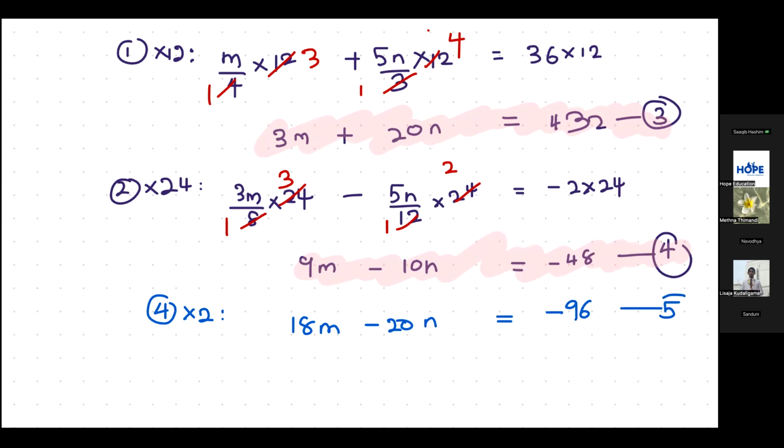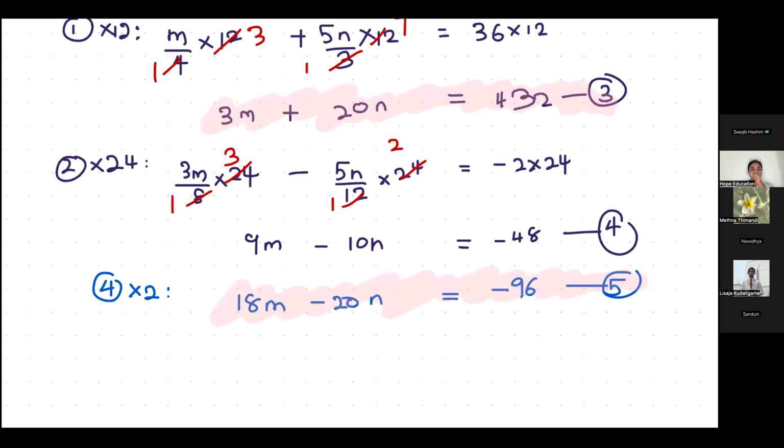So I have to consider equation number 3 and equation number 5. Now, do we have a common element between equation number 3 and 5? Yes, 20n. Look at the signs.